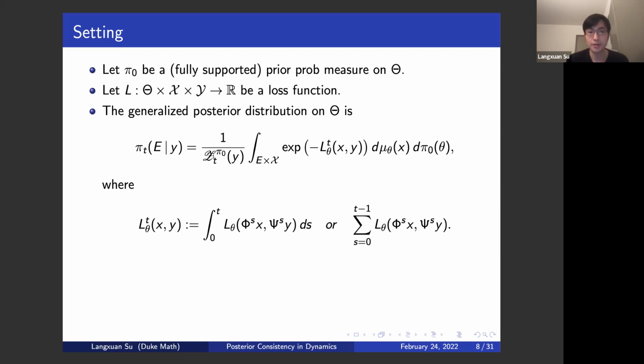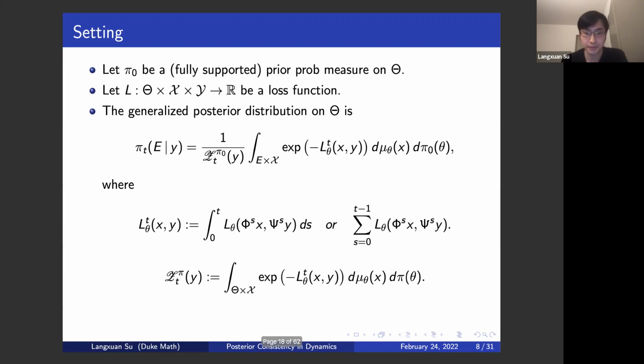Okay, and I want to point out that here we also have the normalizing constant, which will play a very important role in this work. Let me write down the expression for that. You just replace this integral over E on parameter space with the whole parameter space theta. So this is the normalizing constant.